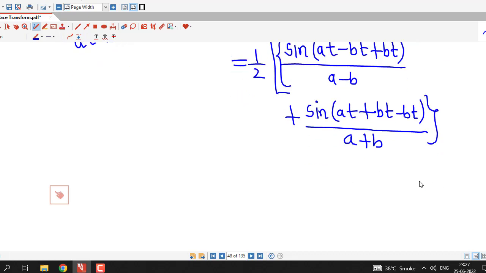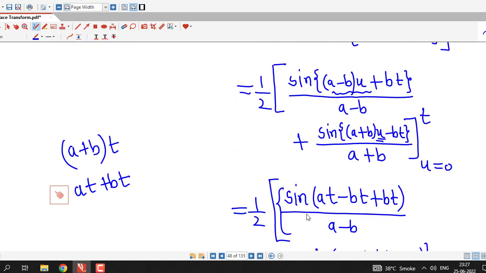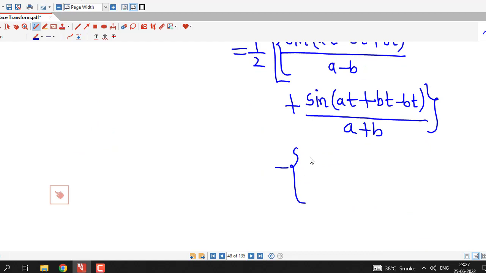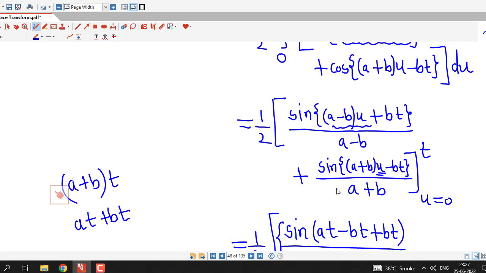And now we write for the lower limit, that is for u equal to 0. For u equal to 0, we have sine bt divided by a minus b. So let me write it first, sine bt divided by a minus b. This is for u equal to 0 in this term.